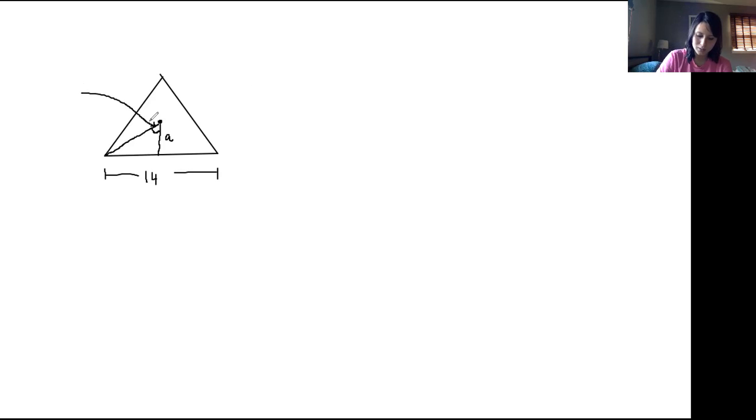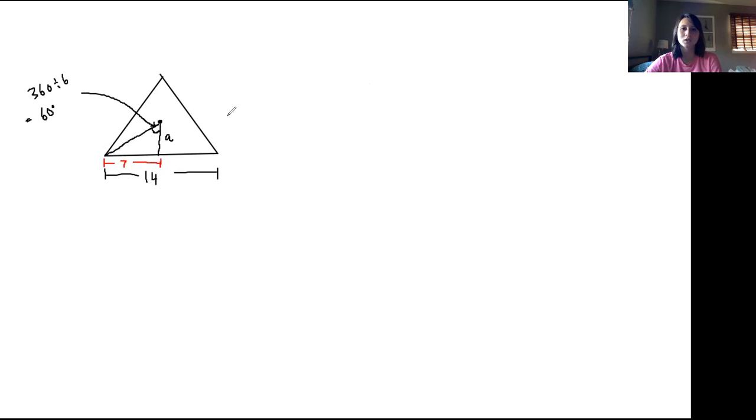So step 1 is to find that angle. And so that would be 360 divided by 6, because it's the number of sides times 2. So 360 divided by 6 is 60 degrees. All right, interesting, because we have a 30, 60, 90. So you can just keep using trig if you want to. So this is 60 degrees, that means this is 30, and if we want to find half of that side, 14 divided by 2, this would be 7.